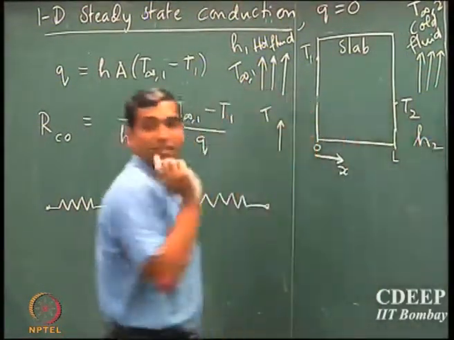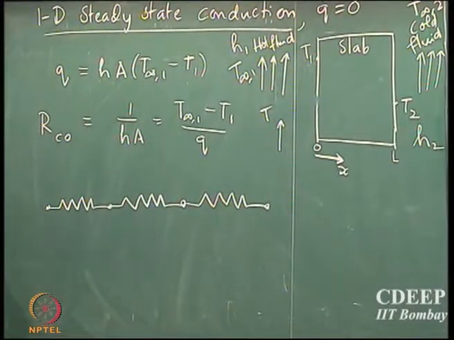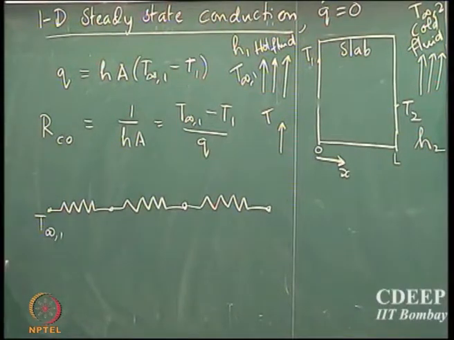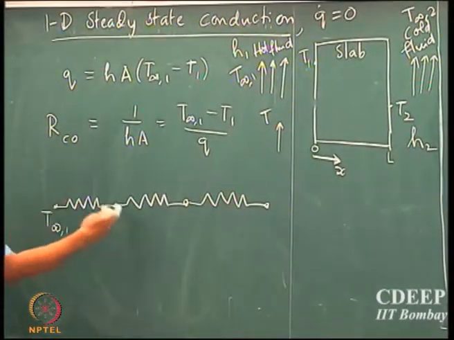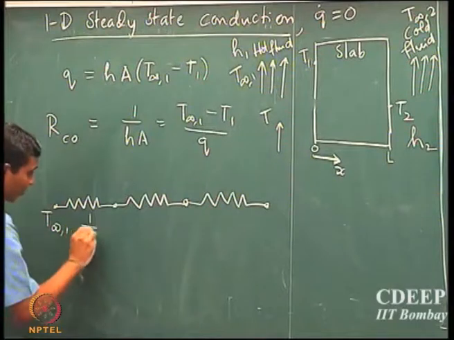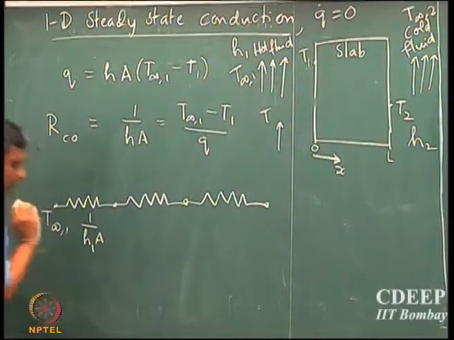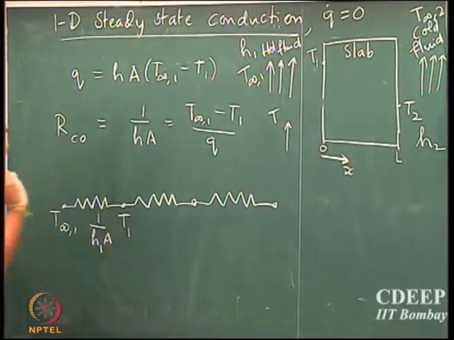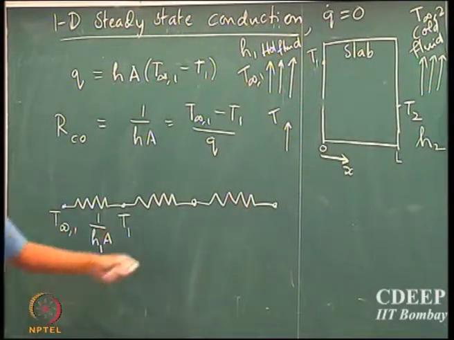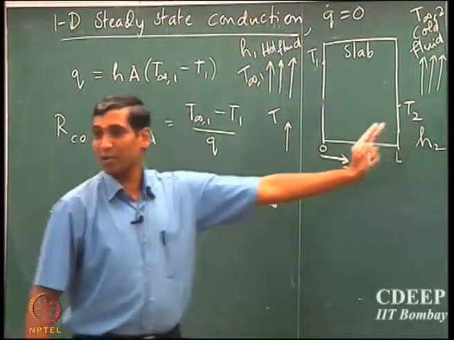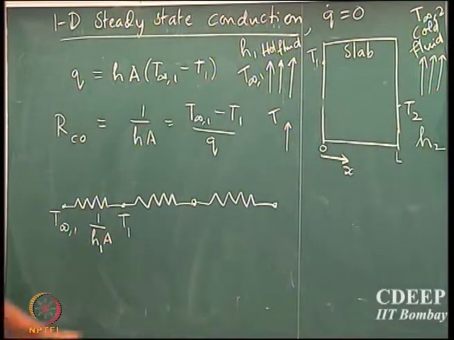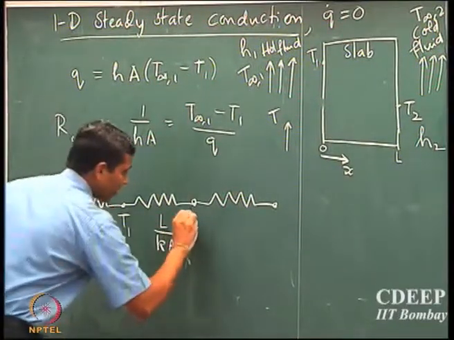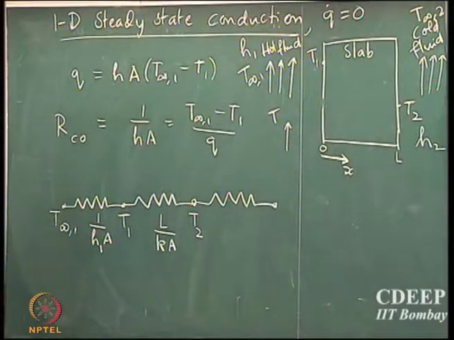Then we can say that the temperature of the hot fluid is T infinity 1 and the resistance offered for heat transport is 1 by h1A, and the temperature at the boundary is T1, and the resistance offered by the slab for heat transport inside the slab is given by L by kA, and the temperature on the boundary is T2.